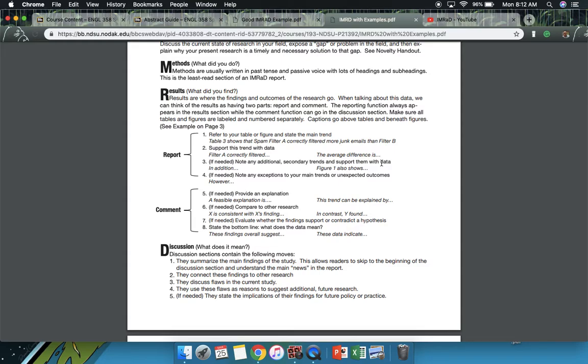Because you want to make sure that whatever experiment or procedure that you're using, somebody can come along and replicate that and get similar results to what you got. So you have to be very specific about the kind of methods you're using, right?